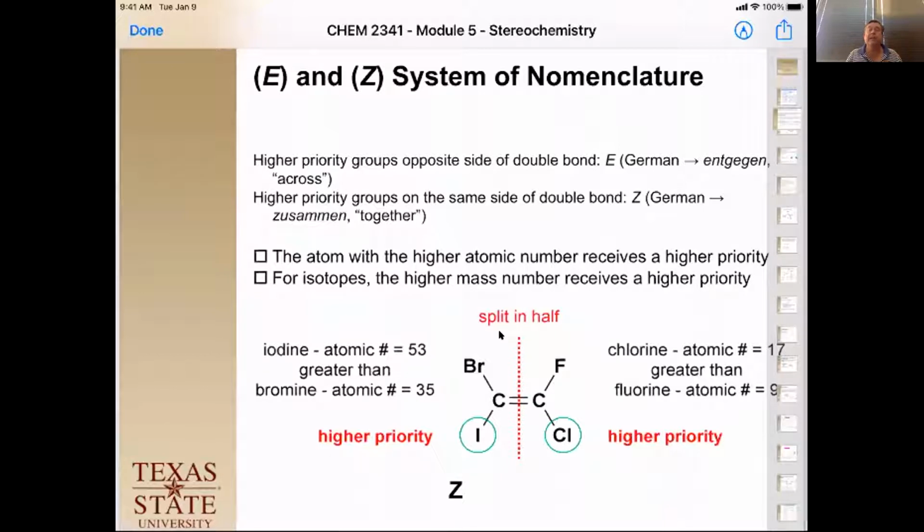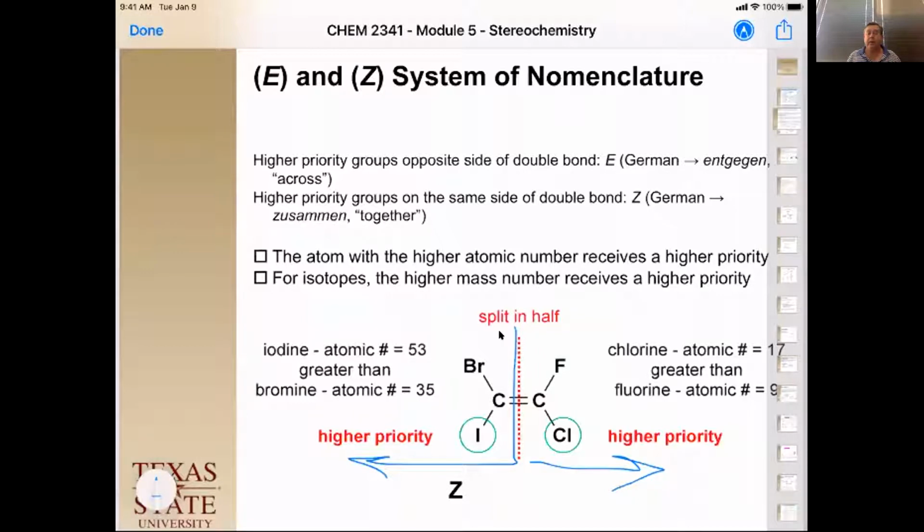Now, when we do E and Z, we only care about one side at a time. So we draw our line in half and we prioritize one side of the double bond first. Then we prioritize the second side of the double bond second and just compare those two. Notice we're only giving a priority of 1 to each side.